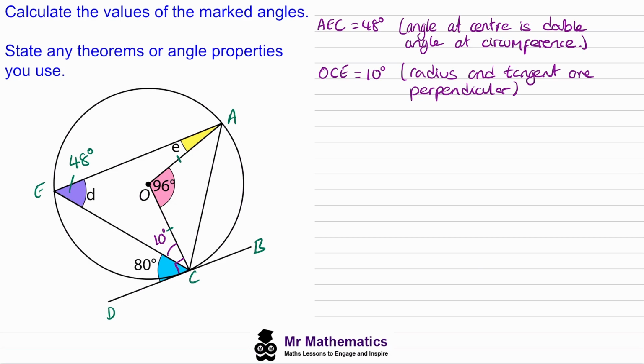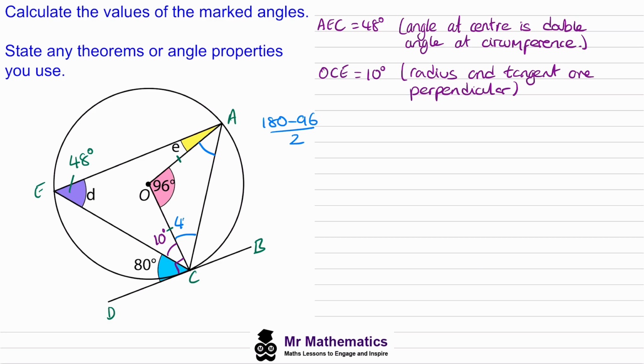Now we can also use the fact that O to C and O to A are equal because now we have an isosceles triangle, which means this angle must be the same as this angle. We can work out each of these as 180 minus the 96, divided by 2.